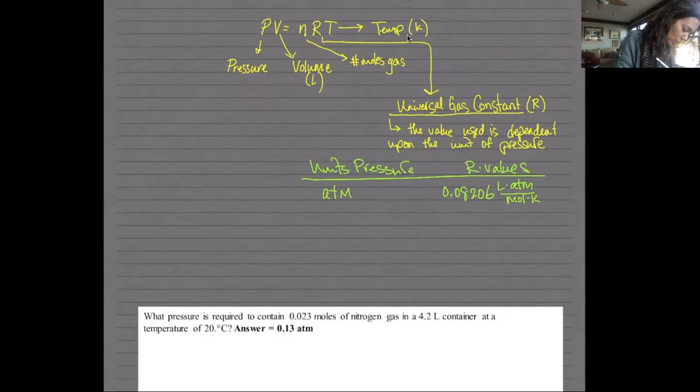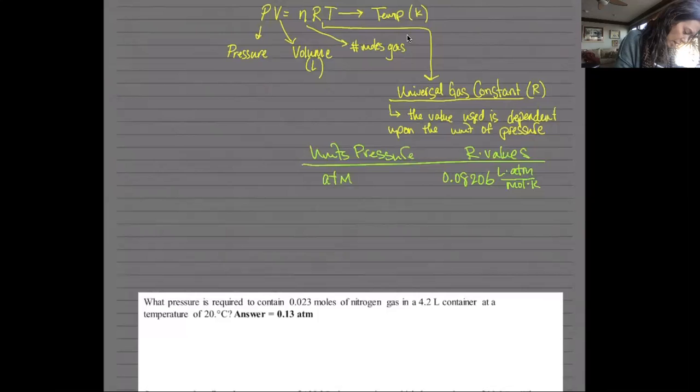If your unit of pressure is kilopascals, then your R value will be 8.31 liters kilopascals per mole Kelvin.